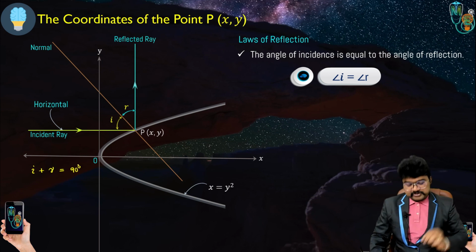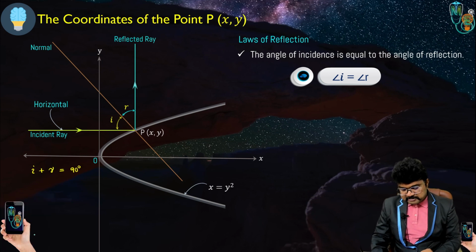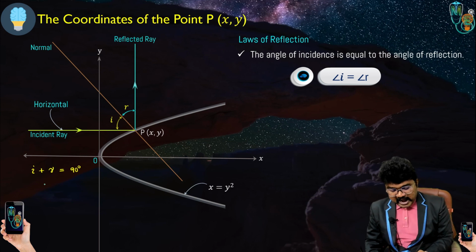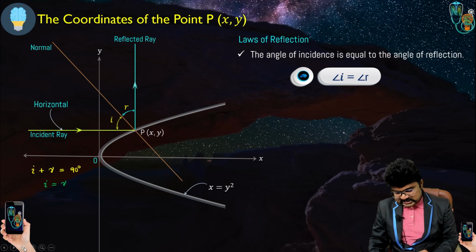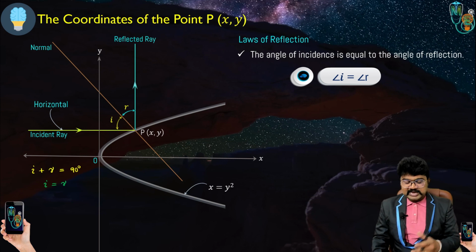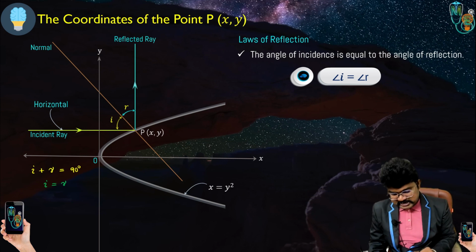From the law of reflection, I equals R. I plus R equal to 90 means I equals R, in the sense that I and R both are 45 degrees. Okay? So 2I equals 2R equals 90 degrees.